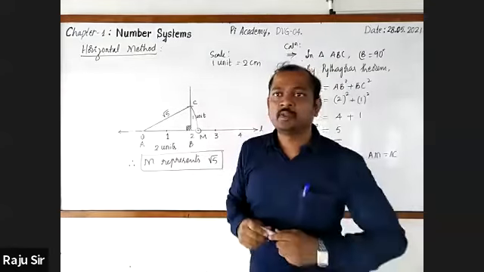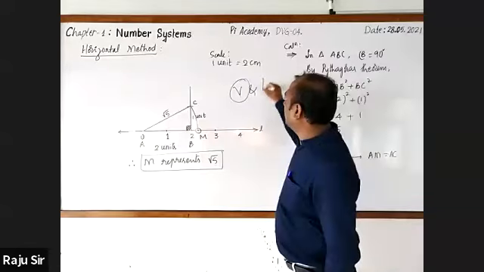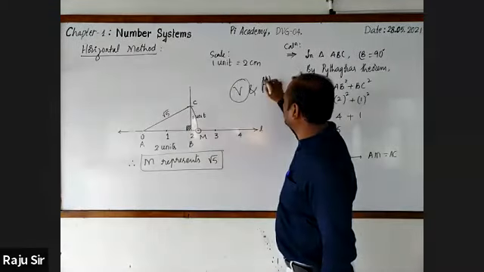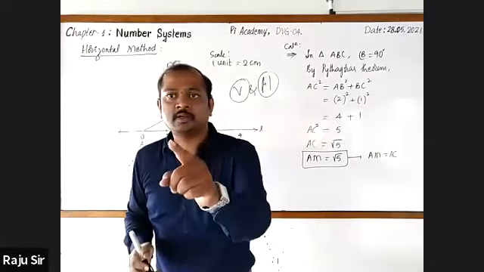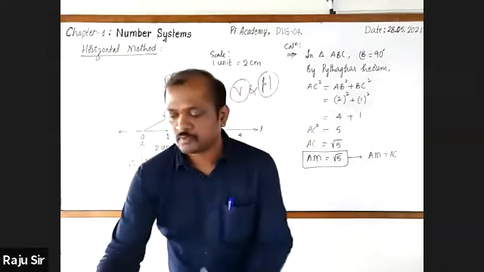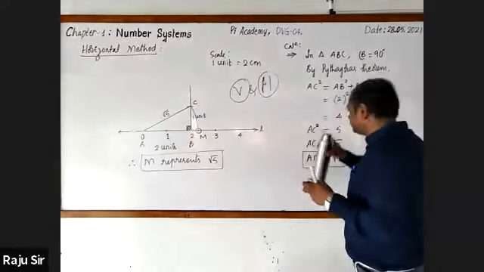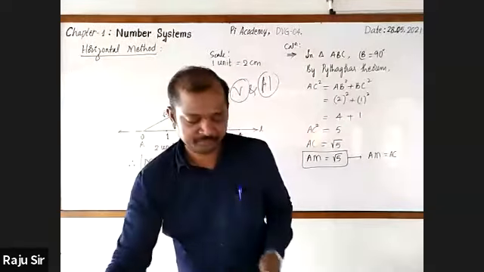Please do remember this: the vertical method and horizontal method that we have followed are applicable only for some particular irrational numbers. Anybody want to tell? Sir, for root 2, it is not applied.